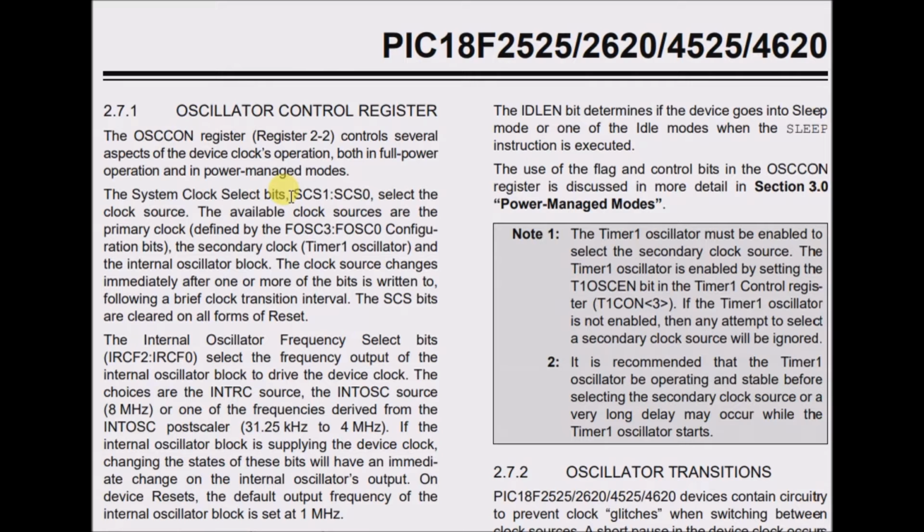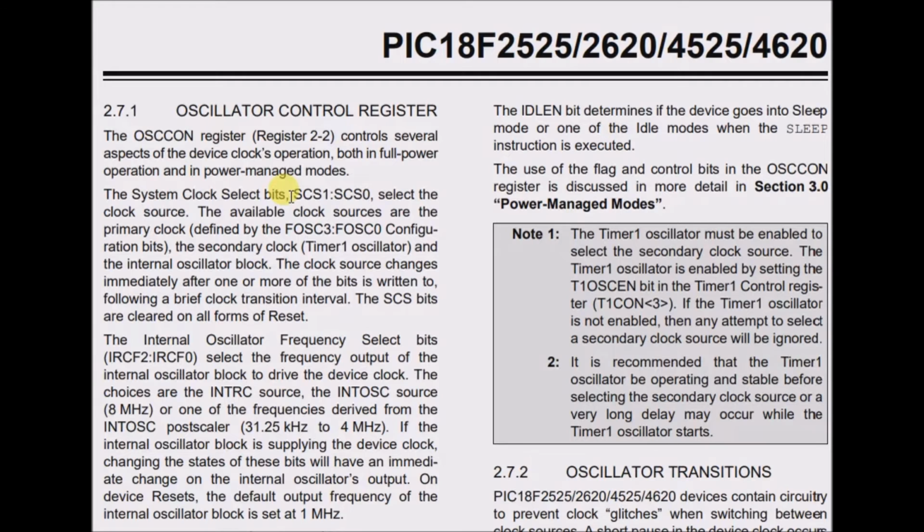The available clock sources are the primary clock, defined by the FOSC3 to FOSC0 configuration bits, the secondary clock, timer 1 oscillator, and the internal oscillator block.